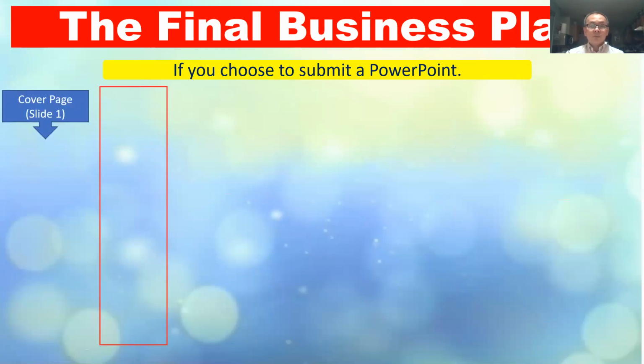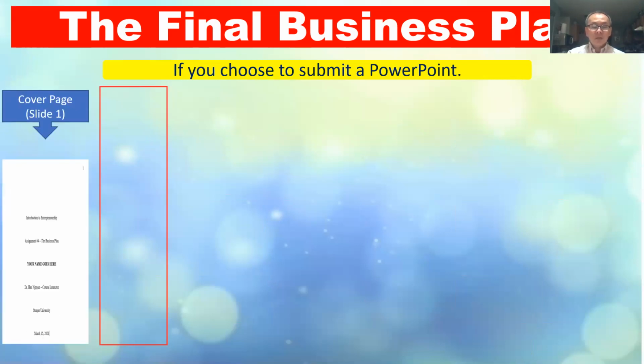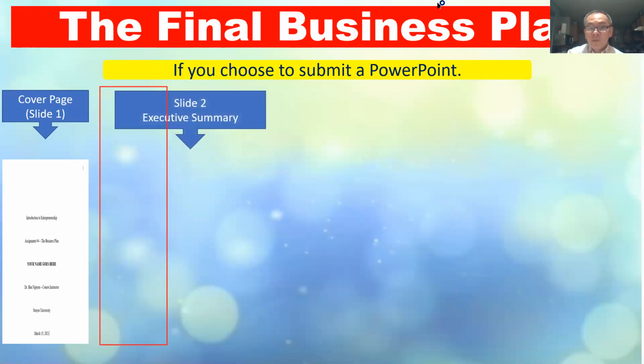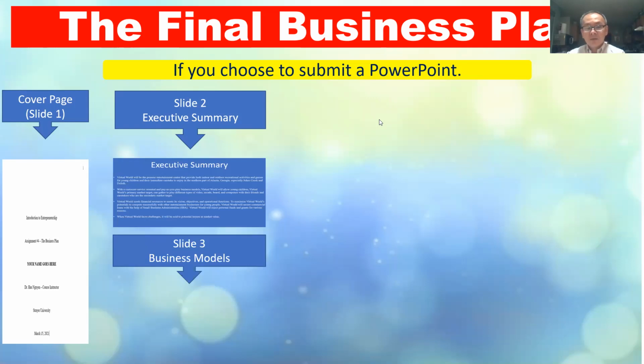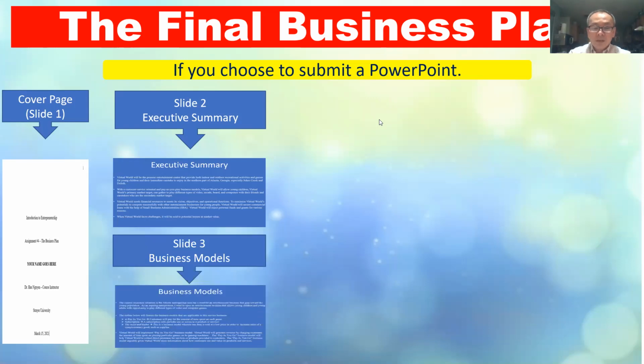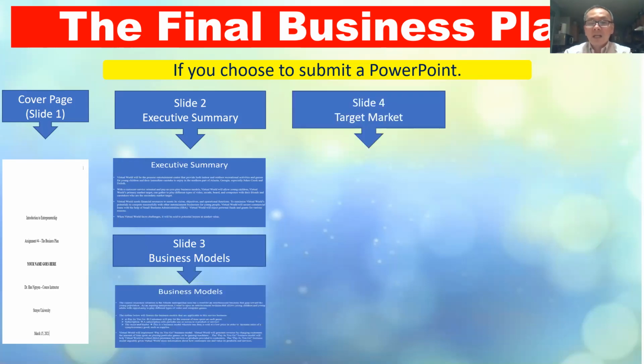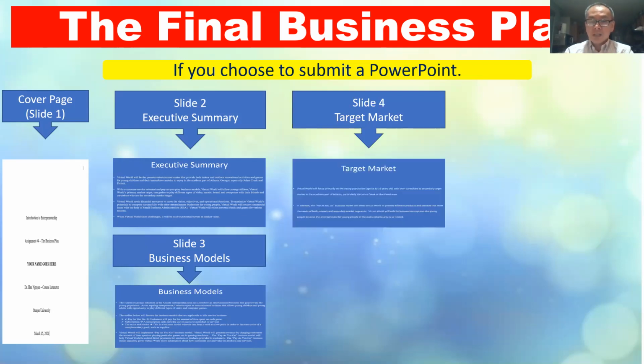So for the PowerPoint, you need to have a cover slide. Slide number 2, which is the executive summary. Slide number 3, the business models. Slide number 4, target market. Slide number 5, startup funds.